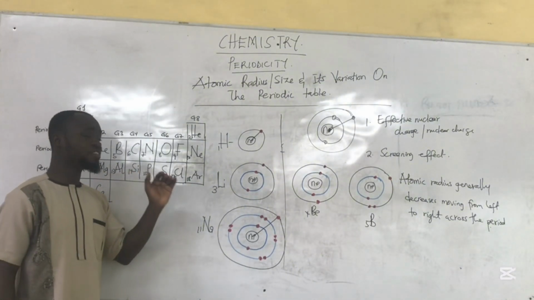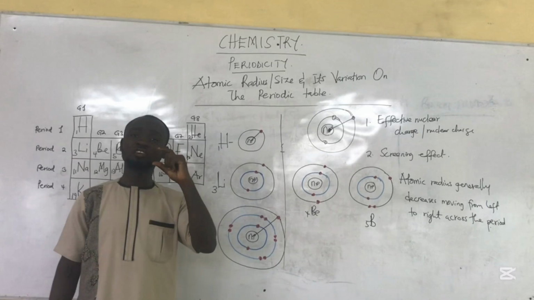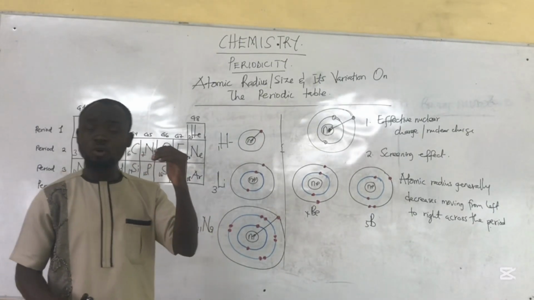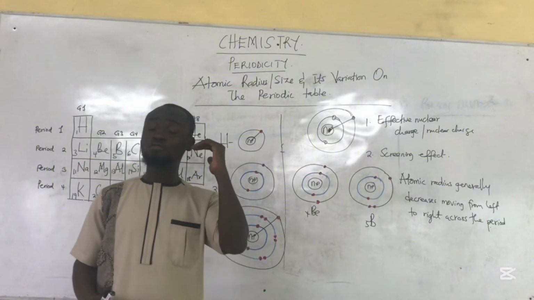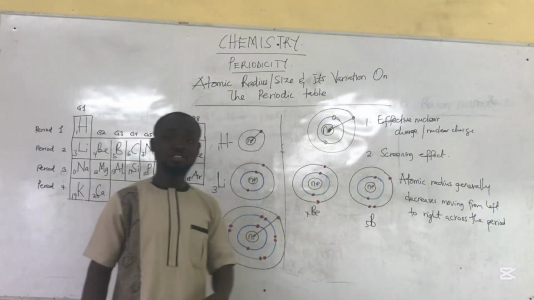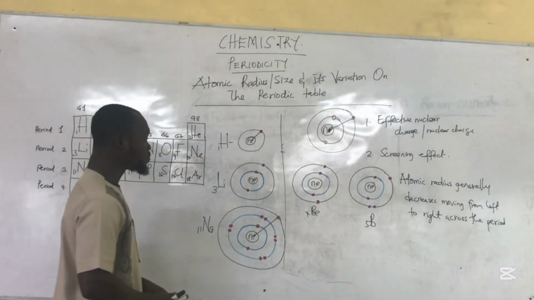It means that the inner shell electrons that will be acting as the screening or the shielding agent is kept constant across the period 2 elements. Is that okay?